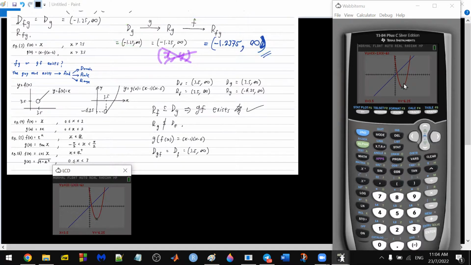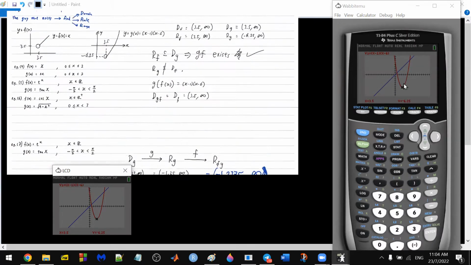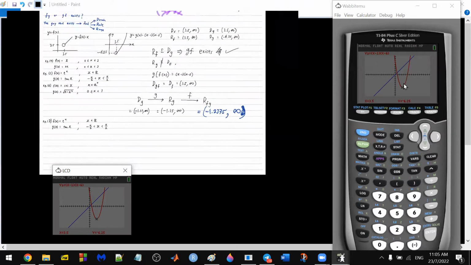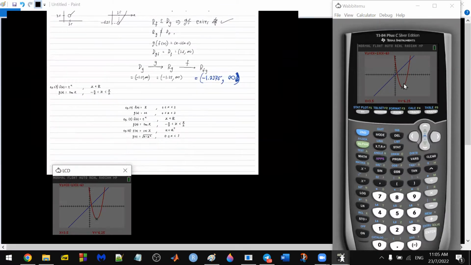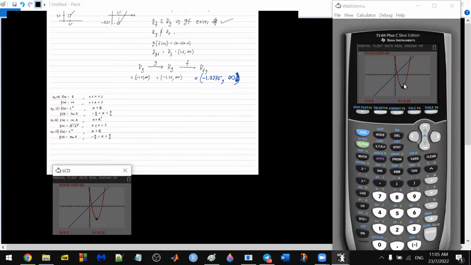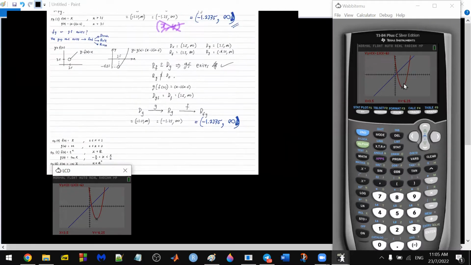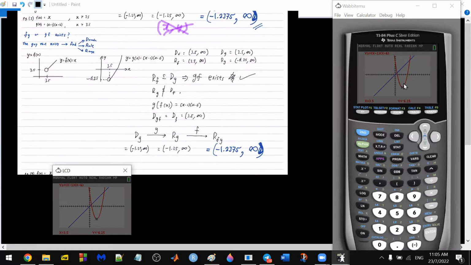Okay. Running out of space. Inner function in this case is f. Oh, I need to change the letters.